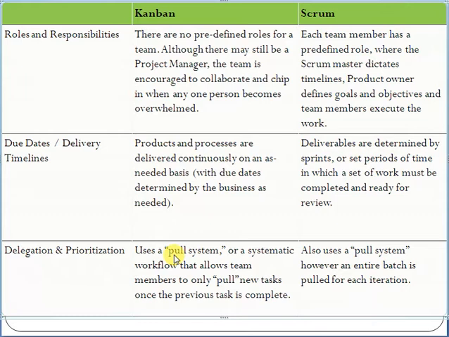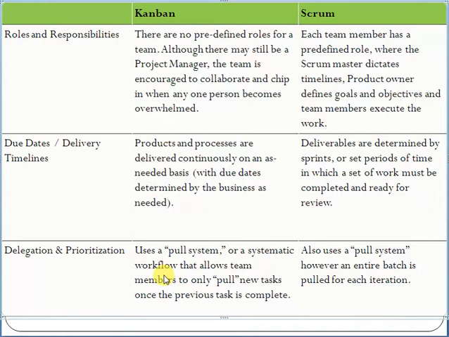Then the delegation and prioritization. Kanban uses a pull system, or a systematic workflow, that allows team members to only pull new tasks once the previous task is complete. Scrum also uses a pull system, however, an entire batch is pulled for each iteration. What does that mean, friends? Basically, in Kanban, whenever a task is completed, there is a workflow through which we pull the next task to start a new one.